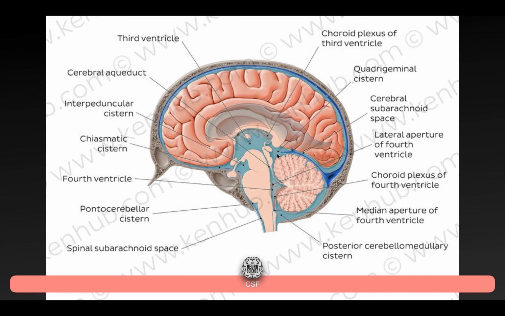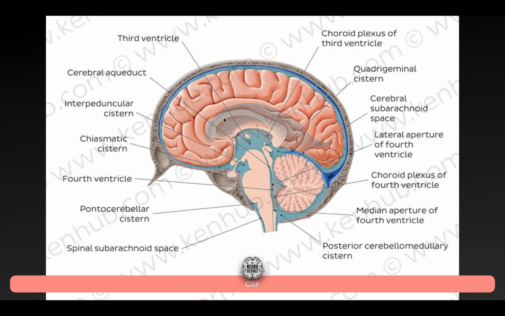And here is our quadrigeminal cistern, because we have our quadrigeminal plate, we have our pineal gland, we have our fornix here, we have our massa interna, we have our choroid plexus of the third ventricle, which also secretes CSF. And then we have another septum pellucidum here.